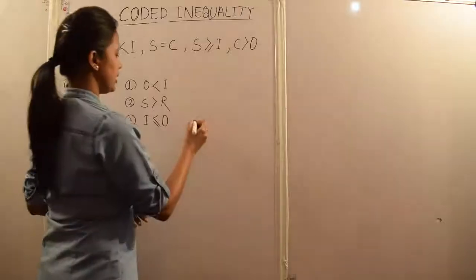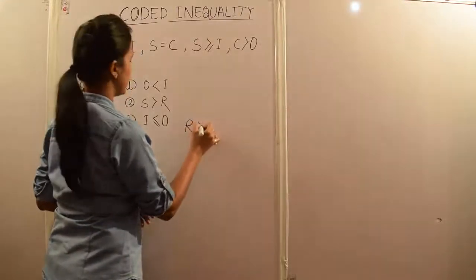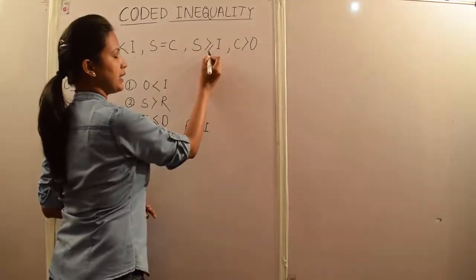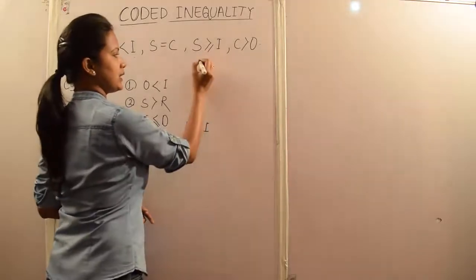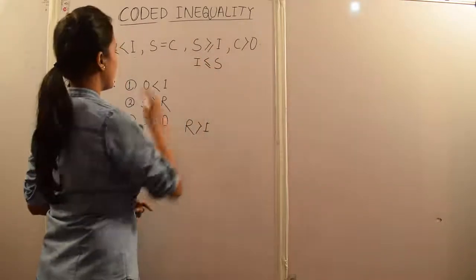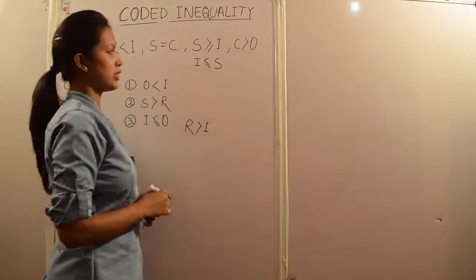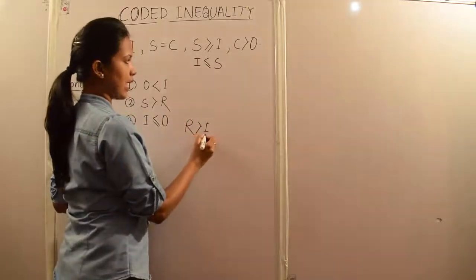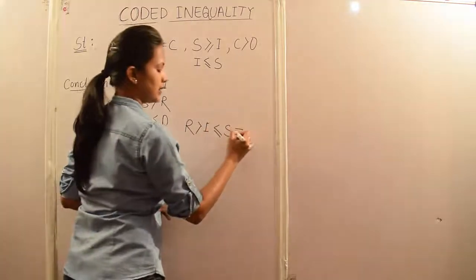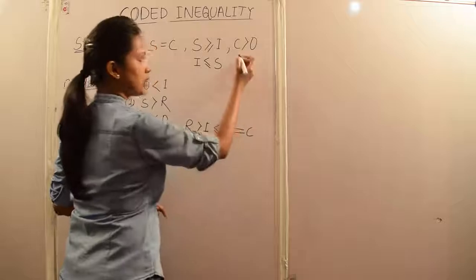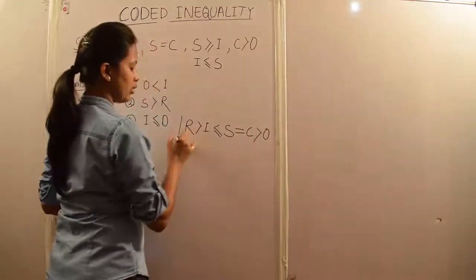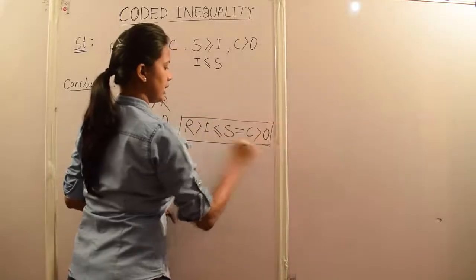So let's see here. If I write R is greater than I. Here in the third equation it is given S is greater than equal to I. That means S is greater than equal to I means I is less than equal to S. So by combining the first and third equation, I can write here R is greater than I and I is less than equal to S. Here I can write S is equal to C. Now C is greater than O. So I can write here C is greater than O. Now it has formed a single statement.